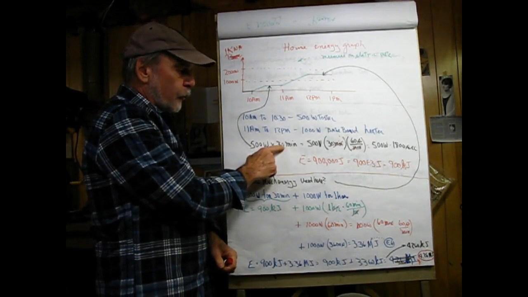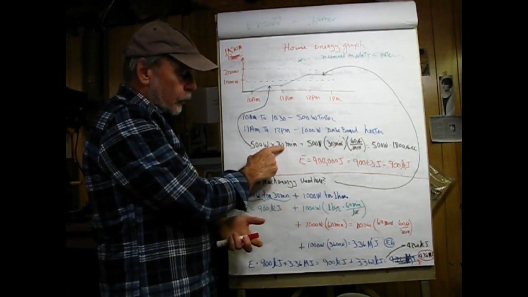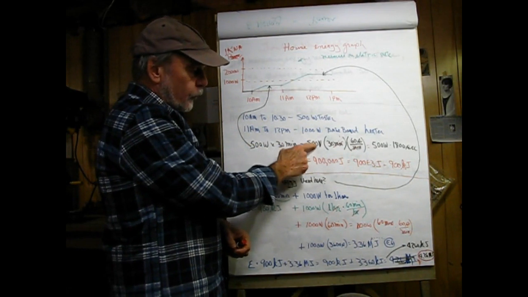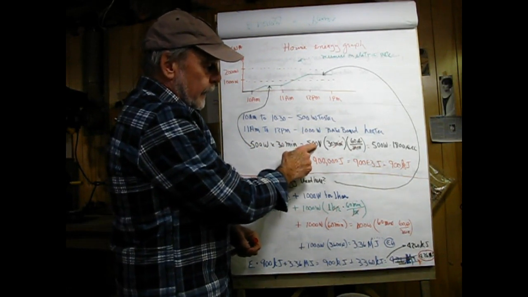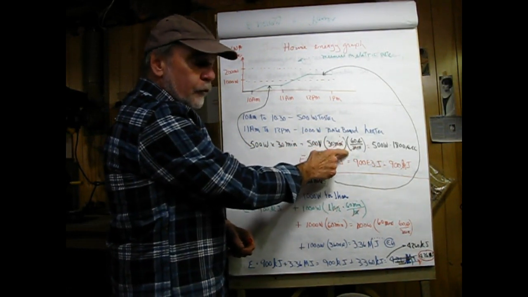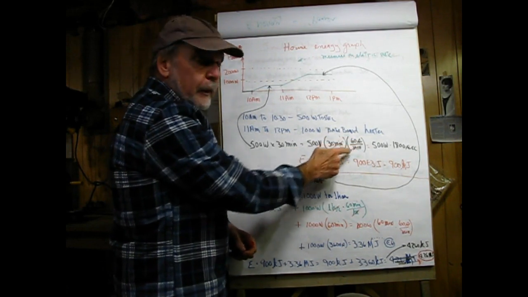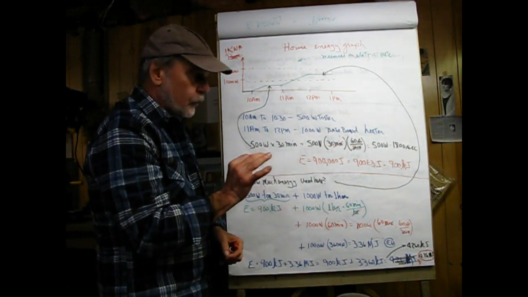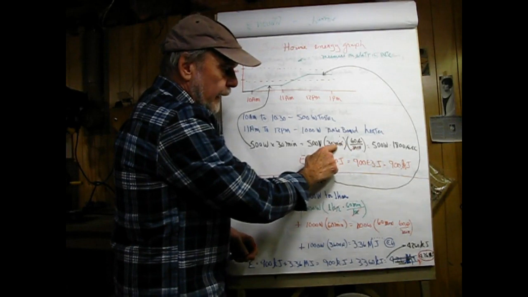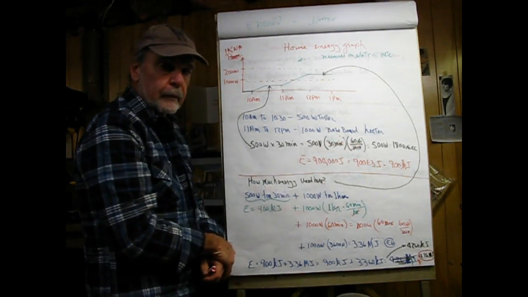500 watts times 30 minutes. And what we know is we're going to have to convert this into seconds, equals 500 watts times 30 minutes times 60 seconds per minute. Now note the units on this. The minutes divide out and the seconds remain.